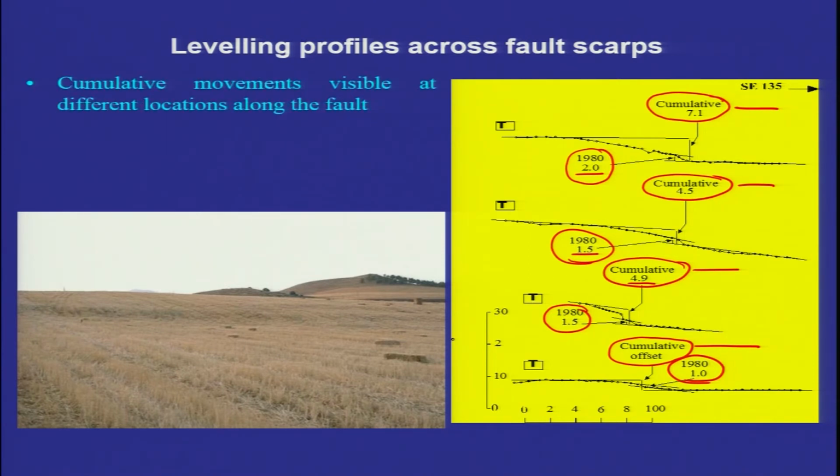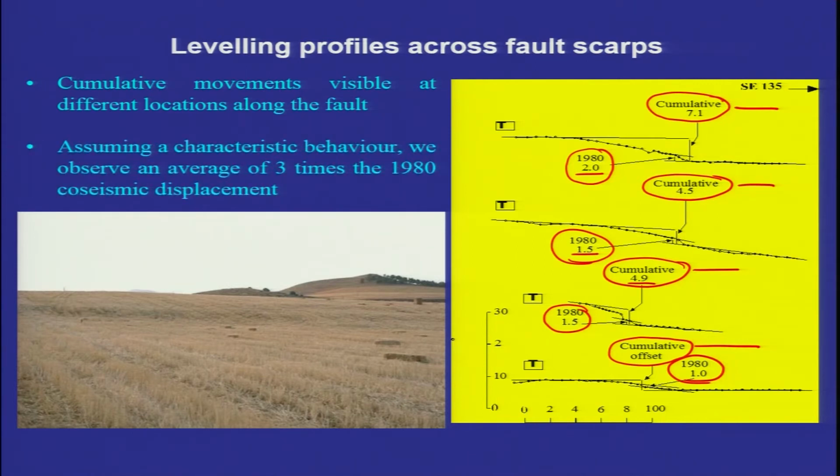With the cumulative movement visible at different locations along the fault, assuming a characteristic behavior, they observed an average of 3 times the 1980 co-seismic displacement. So they inferred initially that if you compare the cumulative displacement and the displacement which took place at the time of the 1980 earthquake, it shows at least 3 times more displacement observed in terms of the offset surface.